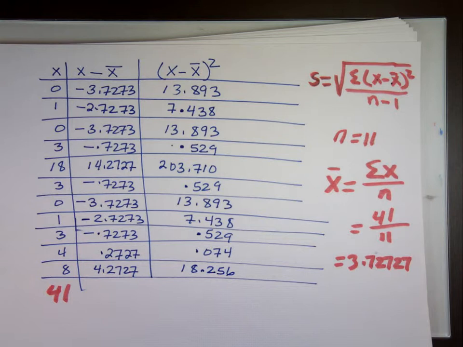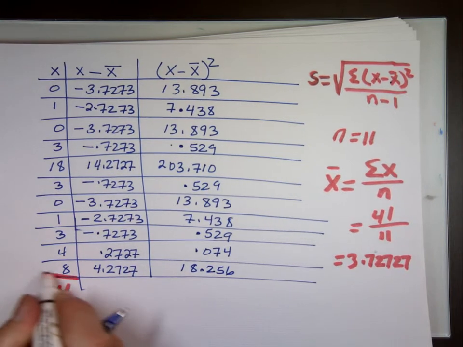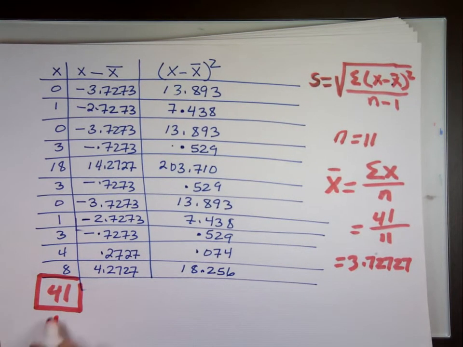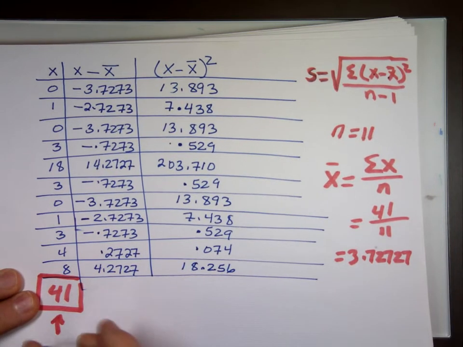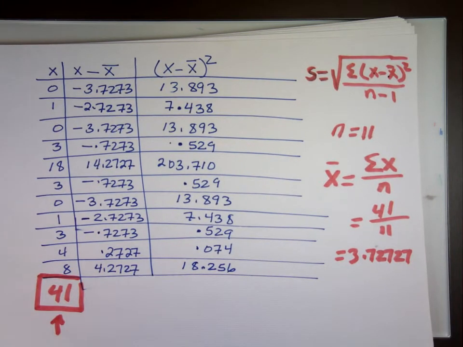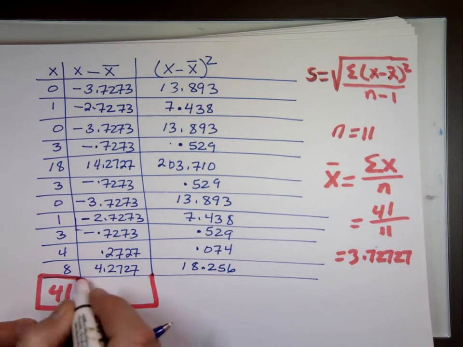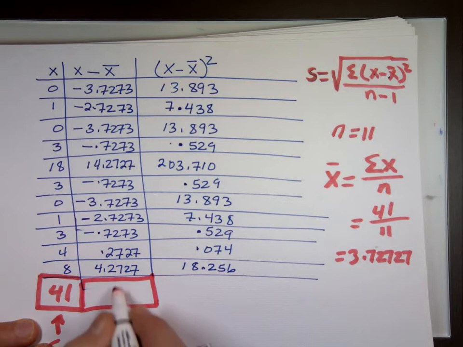So this is my n. Oh, sorry. Sum of x, not n. N is 11. I already wrote it down. I need that to calculate the average. If I add these numbers, guess what the sum is? Always going to be 0.